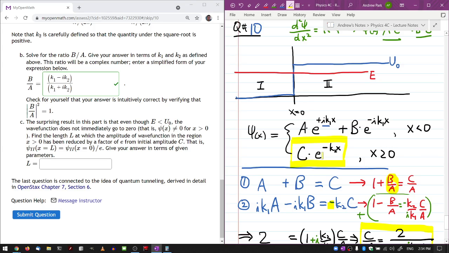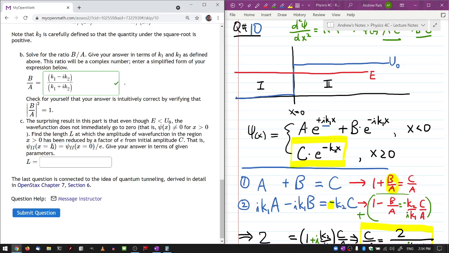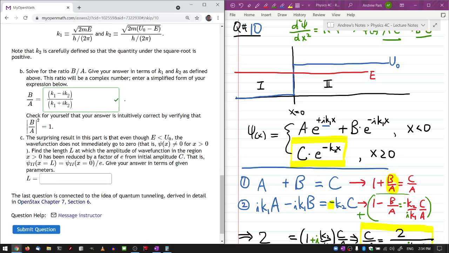All that this expression is saying tells you immediately what the value of L should be in terms of K2. L is 1 over K2. When x is equal to 1 over K2, this is going to be equal to C divided by e. So L is 1 over K2 in terms of given parameters.